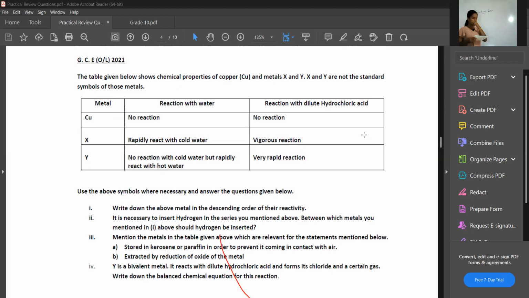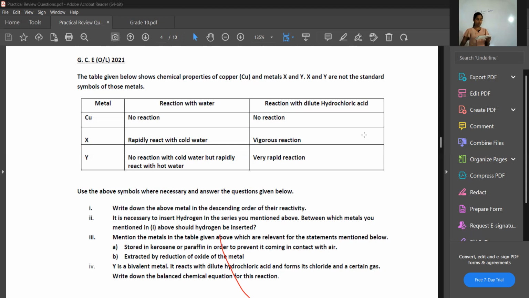The other metal, X, rapidly reacts with cold water, and its reaction with dilute hydrochloric acid is vigorous, very, very fast.